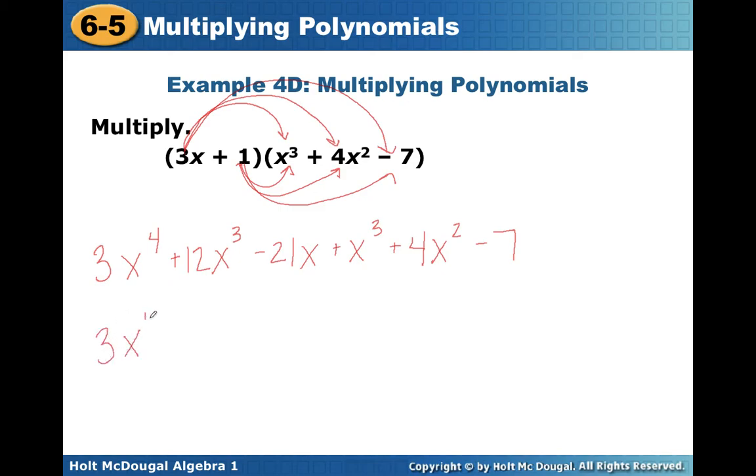Now 3x to the 4th power does not have anything combined with, so we can just rewrite it. Our x cubes can be combined to get us 13x cubed.